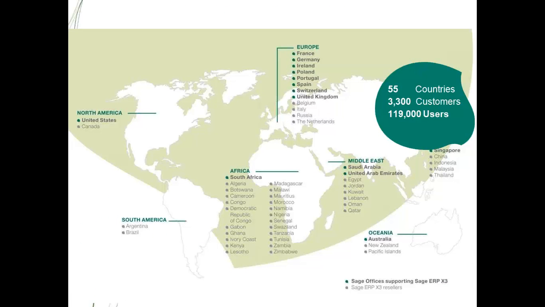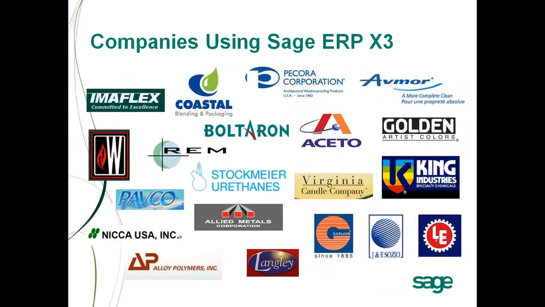I did say that we are an international, global system, and this gives you an idea of where we currently have partnerships or direct capabilities in these countries across the globe. Just a very small list of who's using our software today.